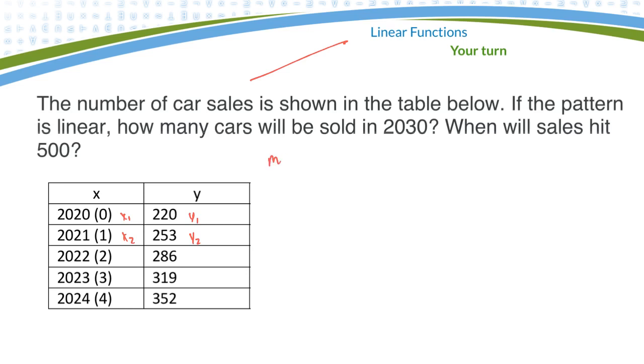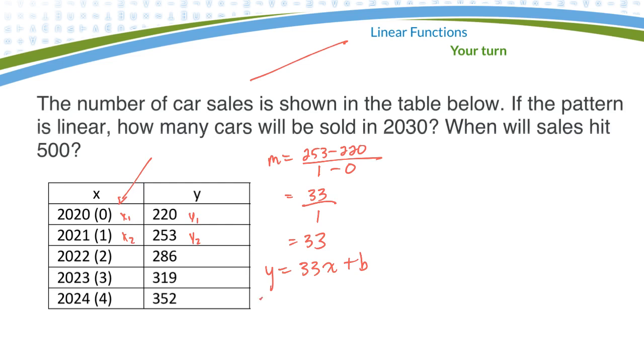Okay, so to find the slope, I'm going 253 minus 220 over 1 minus 0. So that'll be 33 over 1, or just 33. So that's my slope. So if I have a slope of 33x, now I can plug in an x and a y value. Let's use the first one.